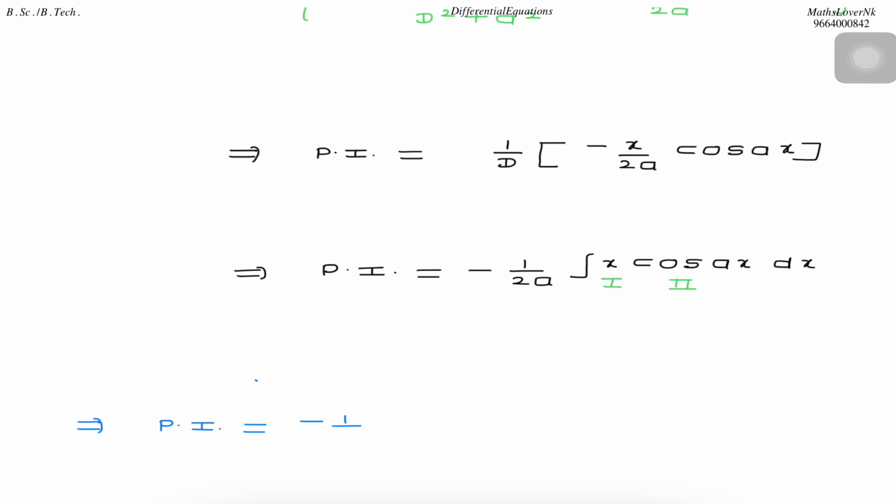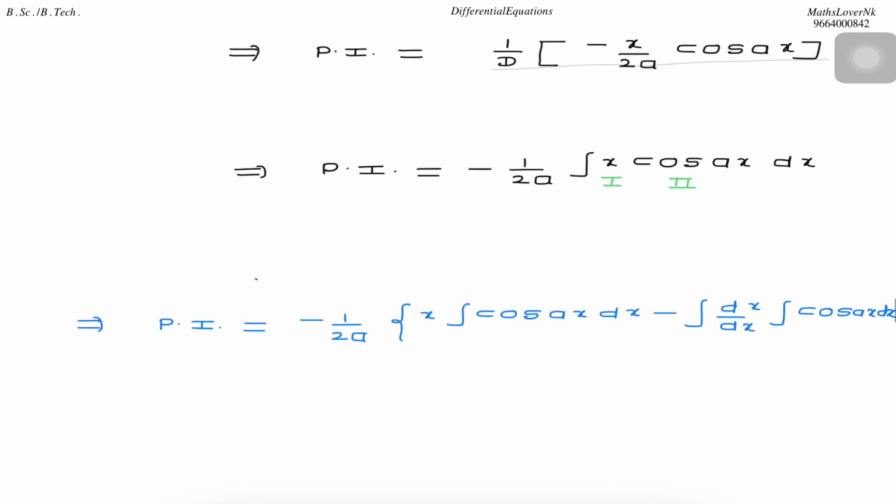ILATE says to write the first part as it is, x, times the integration of the second part, cos ax, with respect to x, minus the integration of the differentiation of the first function, d by dx of x, times the integration of cos ax, and dx.